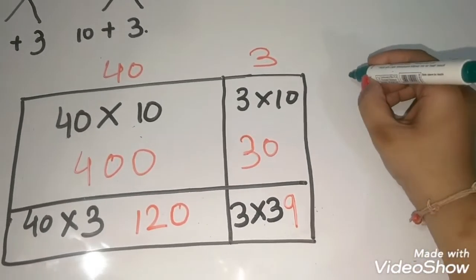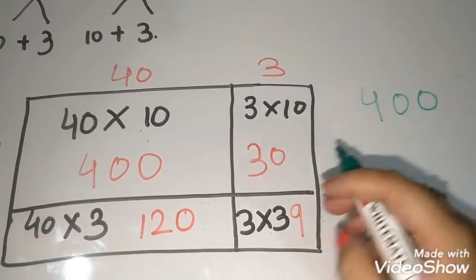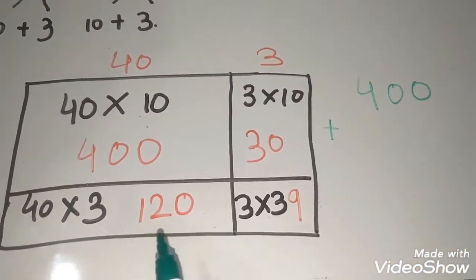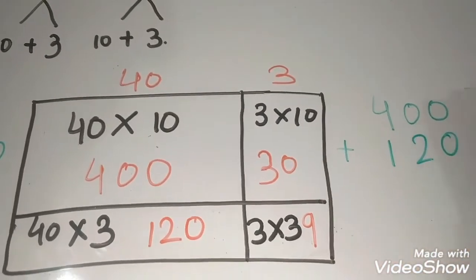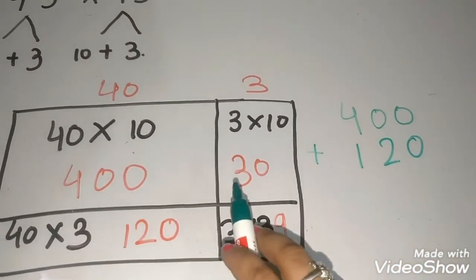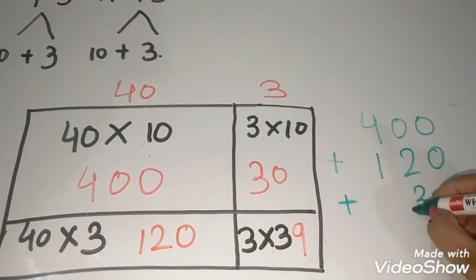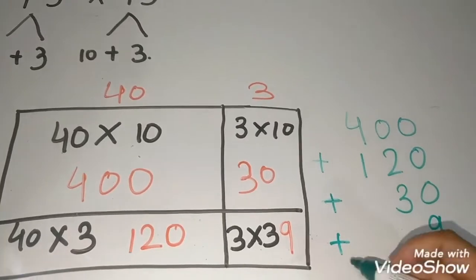So here I will add. I will start with the biggest number, 400 plus 120 plus 30 and plus 9.